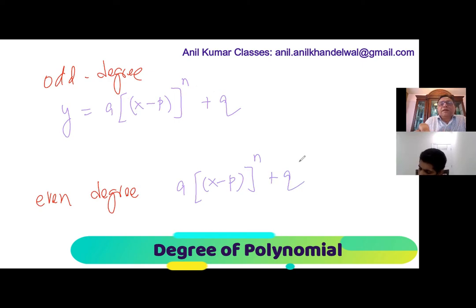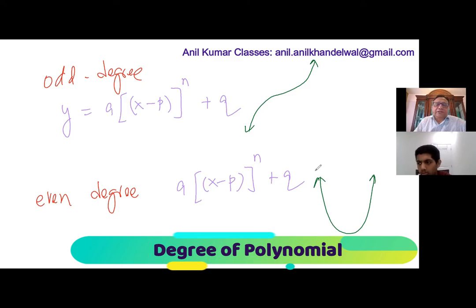Now, if it is odd degree function, in that case, the graph will be kind of like this. And if it is even degree function, then the graph will be this. So from here, you can always find domain and range.